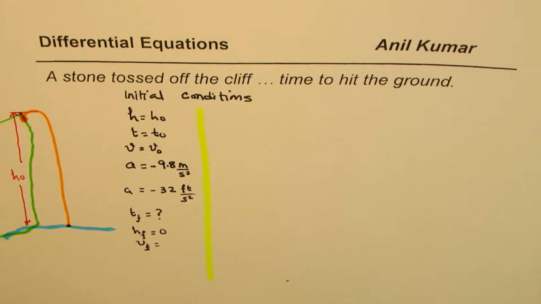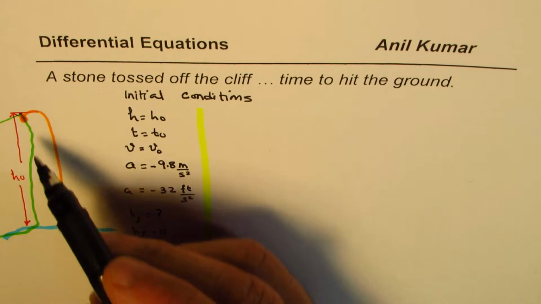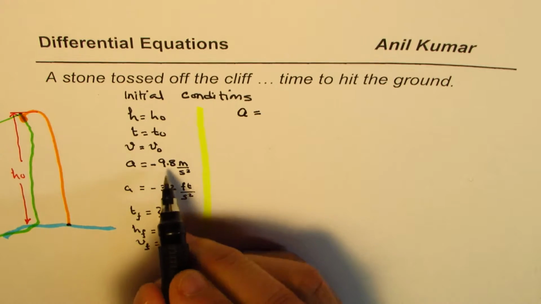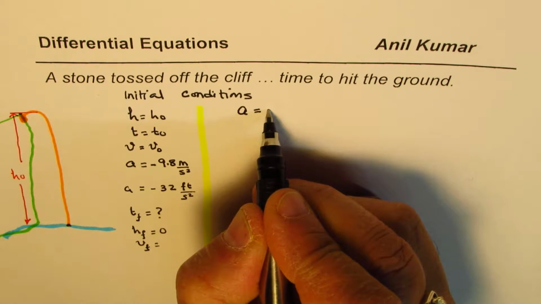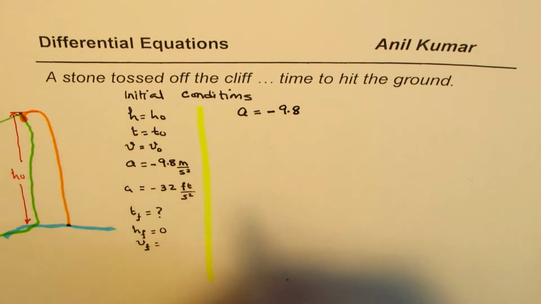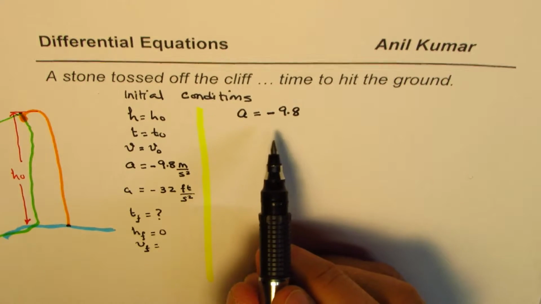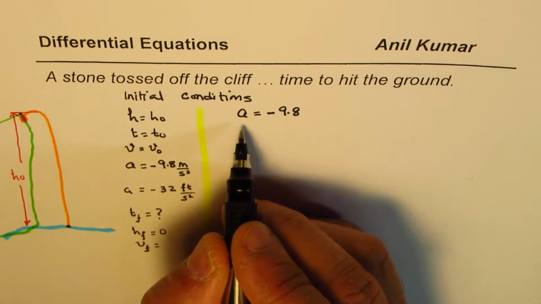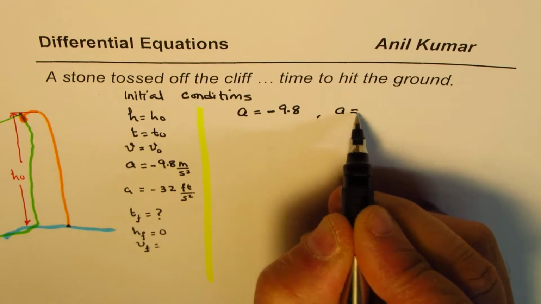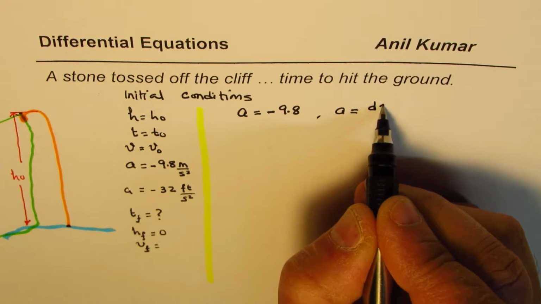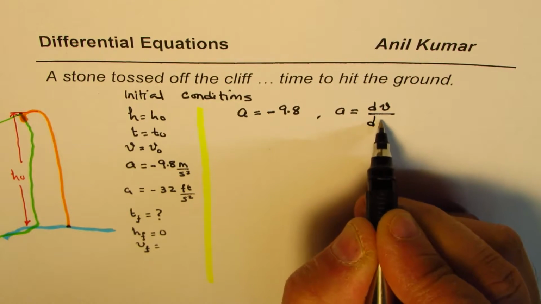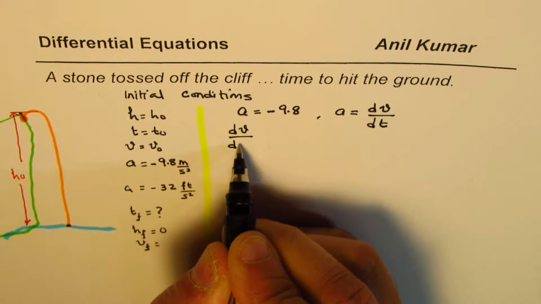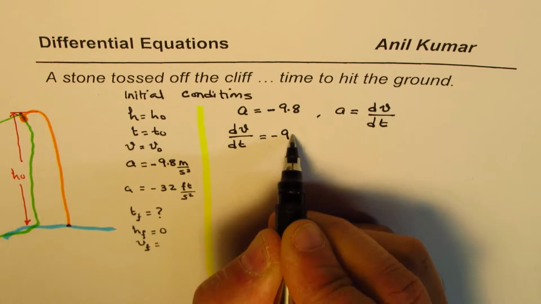Okay. Now overall, when you're close to the surface of the earth, acceleration is constant. We'll take MKS units and we'll take this as minus 9.8 for the time being. Now acceleration, as you know, is equal to what? Acceleration, a, is also the rate of change of velocity. That is how we define acceleration. So I could write here dv/dt equals minus 9.8.